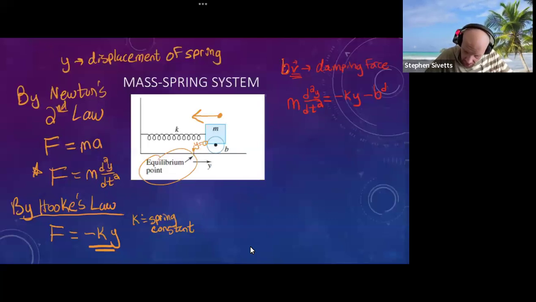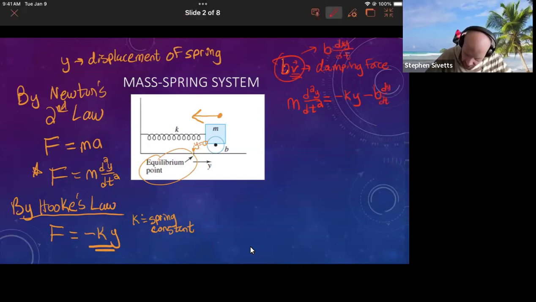So we can write out this damping term as b times dy/dt. And you'll also take into account some external forces that may act against the spring. So if the spring is in a magnetic field, we're going to have some external forces that account for the motion of the spring.